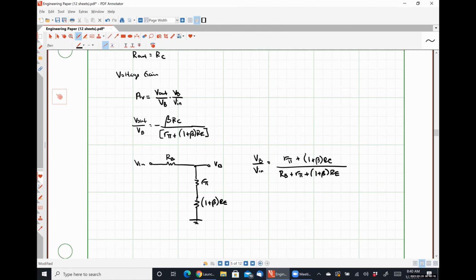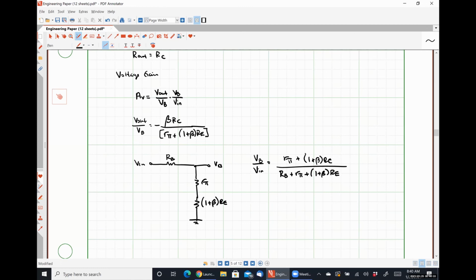Anybody have any questions where I got that relationship from? Just using the voltage division rules, right? So VB is equal to that ratio of resistors multiplied by Vn, and then I just divided both sides by Vn.